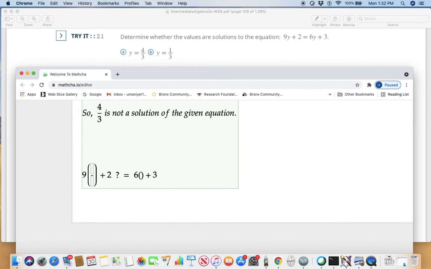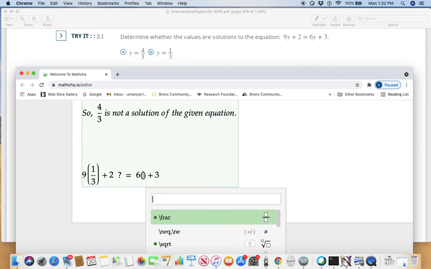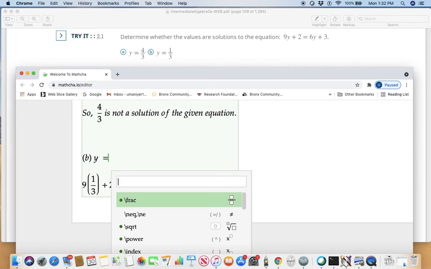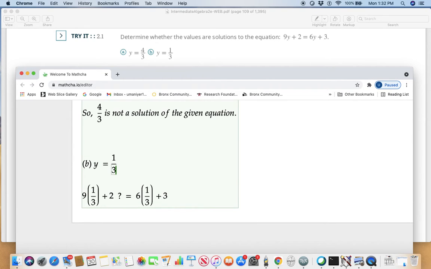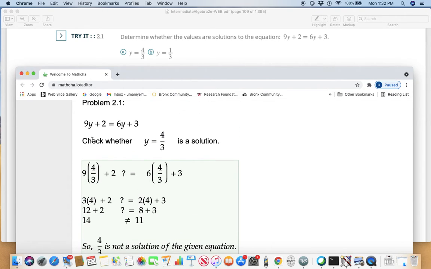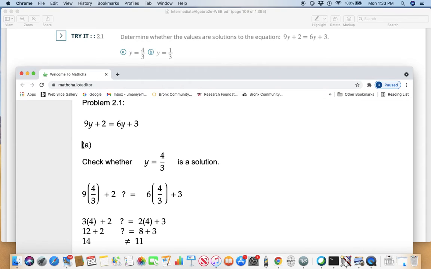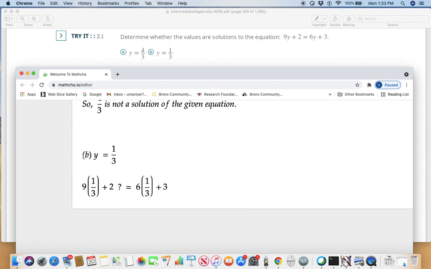Parenthesis is y, which is 1/3. Okay, so we are trying B part. Let me write it down. Okay, this was A part. And this is B part.